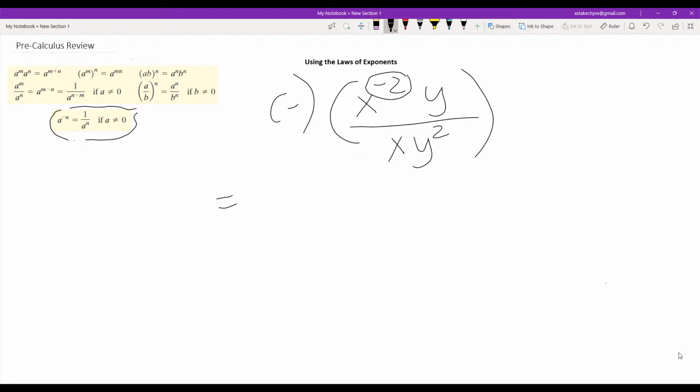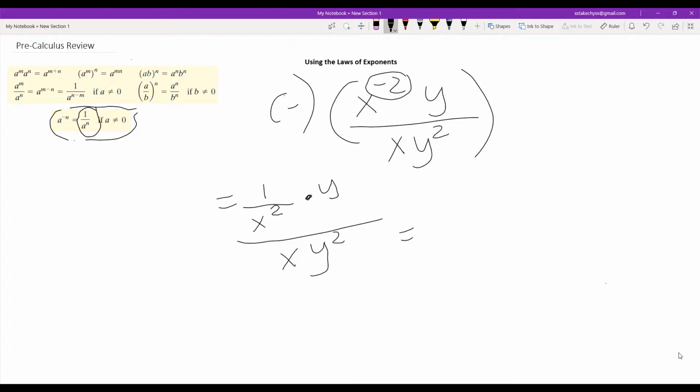So having said that, we can go about it in the following way. 1 over x to the second power, because that is the transformation that you see there, times y over x times y to the second power. Right? Fair enough.